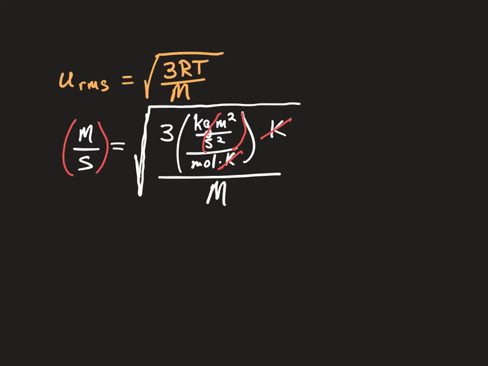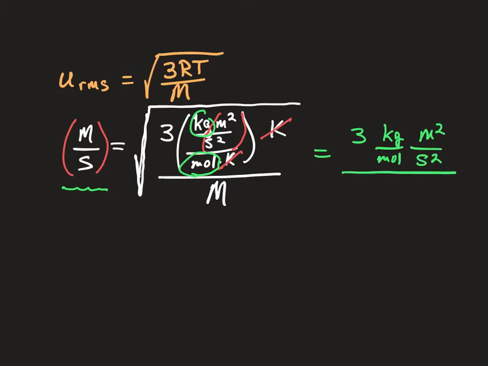So the big key here is looking at this kilograms per mole, and that unit doesn't appear over here. So it's the kilograms per mole we've got to get rid of. So let's condense this a little bit. We've still got our 3. We've got kilograms per mole, and we've got meters squared per second squared left.